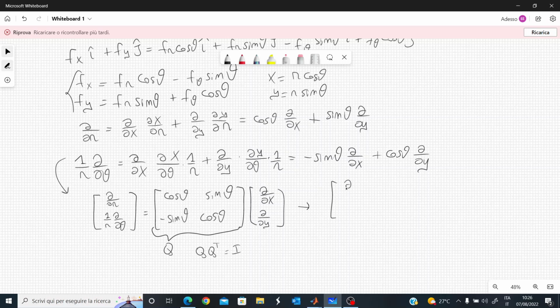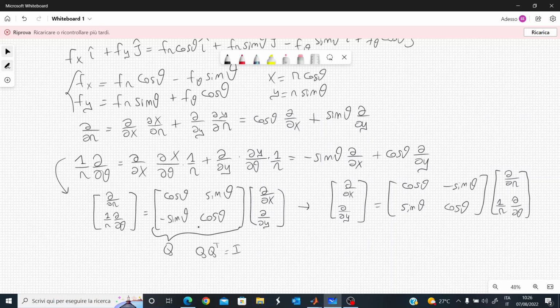So we can rewrite the d over dx, d over dy vector as equal to the inverse of this matrix Q, which is of course equal to cosine theta, minus sine theta, sine theta, cosine theta, which multiplies d over dr, 1 over r d over d theta, like this.